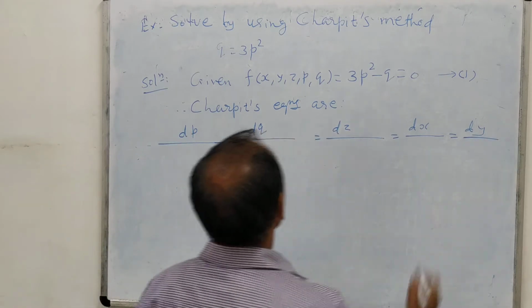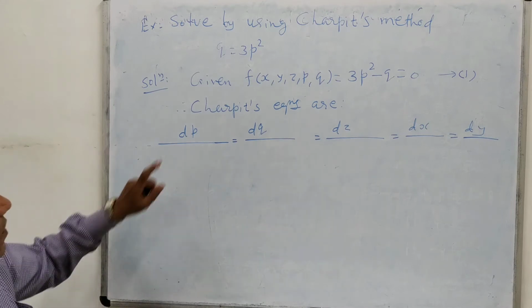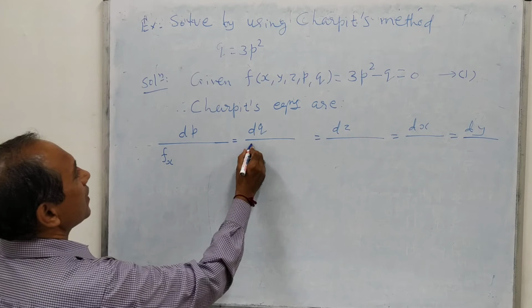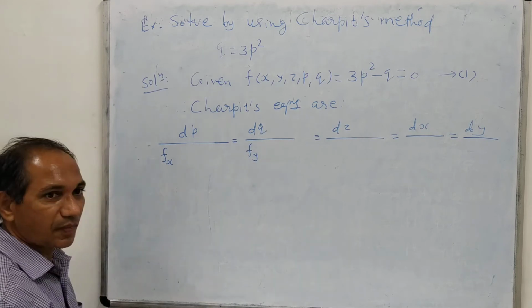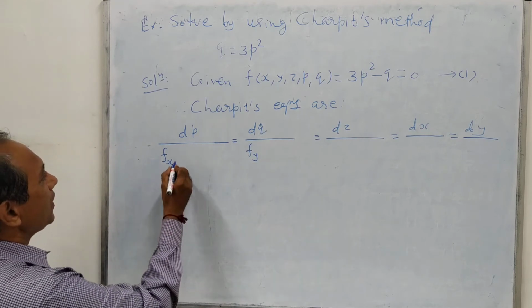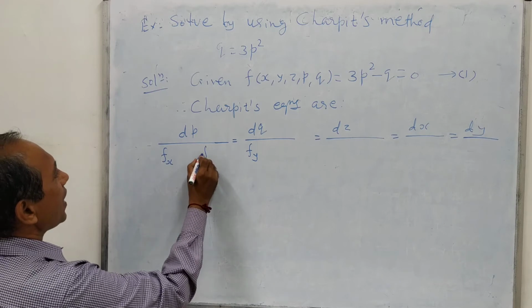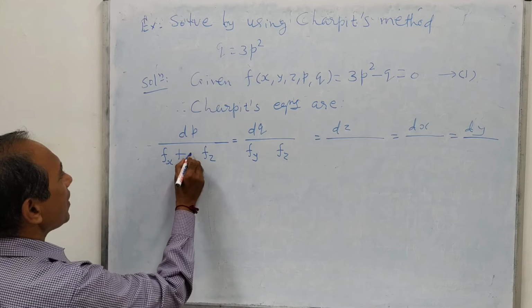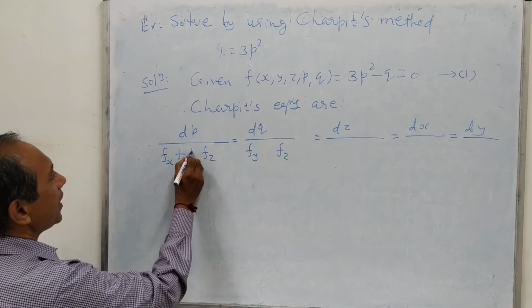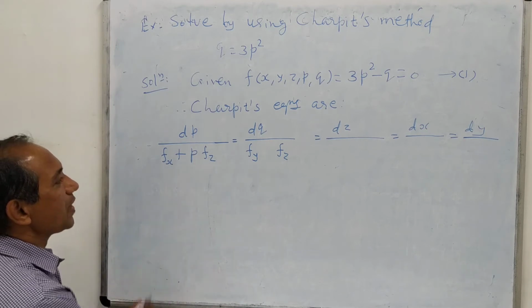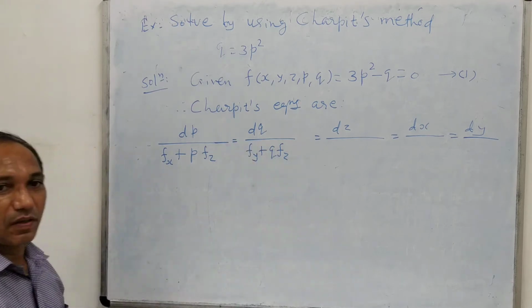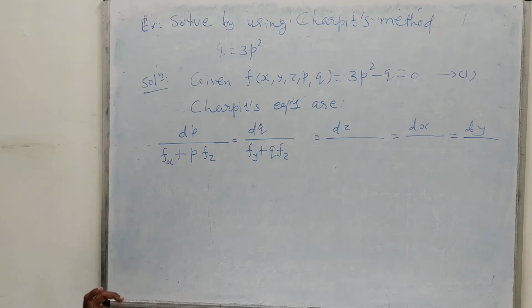And we have noted that with dp, what will it come? f of x, here it will come f of y. Then what will it come? Here f of z, here also f of z. Then here we will have to add this by multiplying by p. Here we will have to write down q. So you can write down the equations very simply.